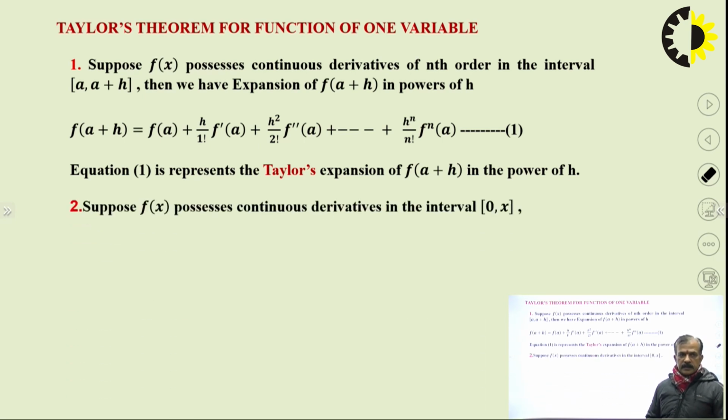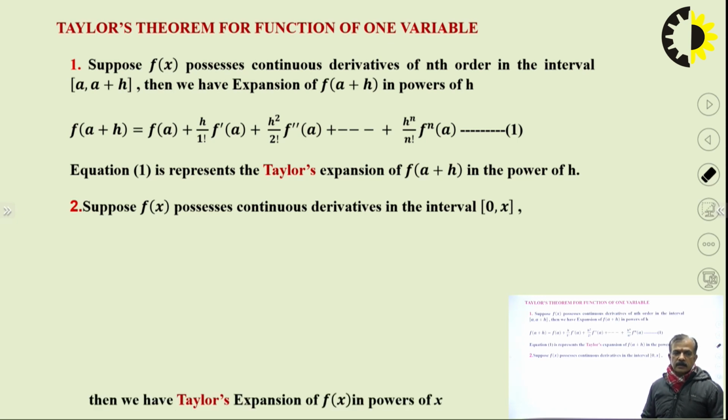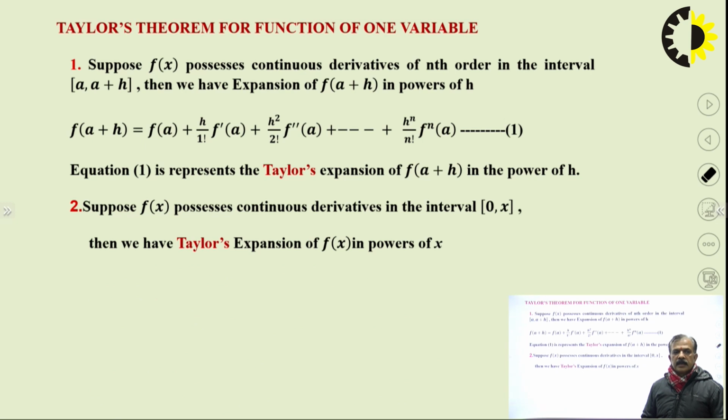In the second case, if we have f(x) possesses the continuous derivative in the interval 0 to x, then the Taylor expansion or simply expansion of f(x) in powers of x. So, first we need f(x) as the function of sum of two terms.